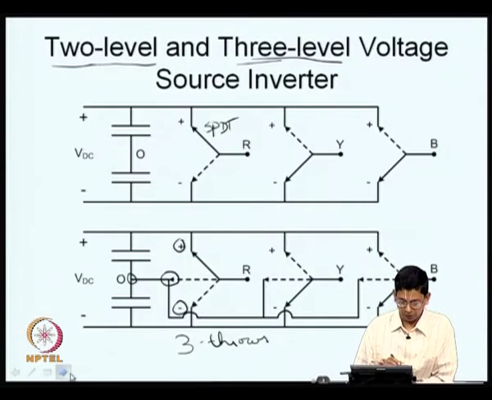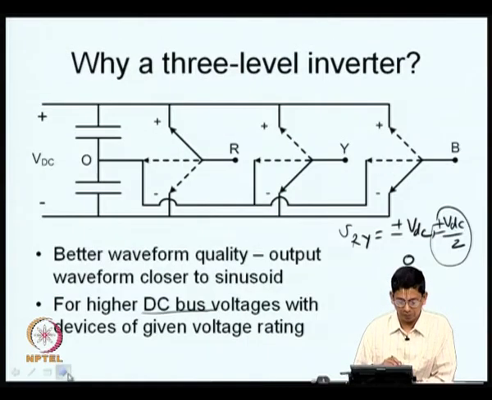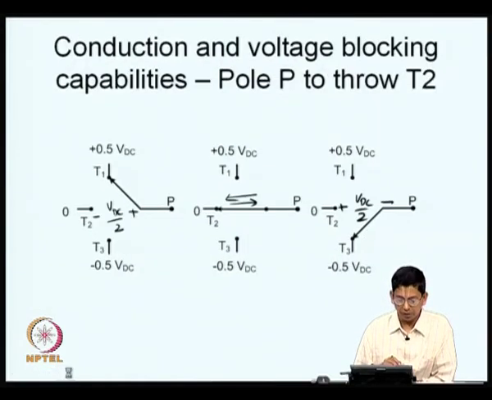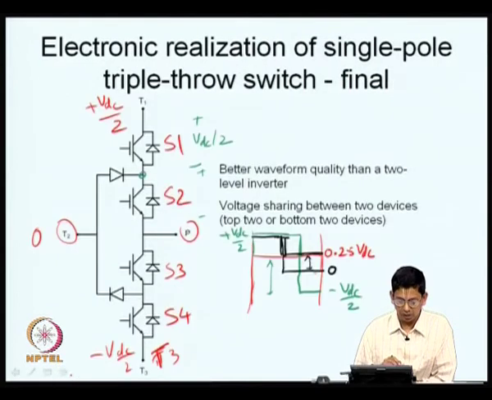In the case of a 3-level inverter, because you are connecting to the midpoint, the load current sometimes flows through the DC bus neutral. Because of this, you can have a situation where the top DC bus is charged or discharged in a particular fashion.